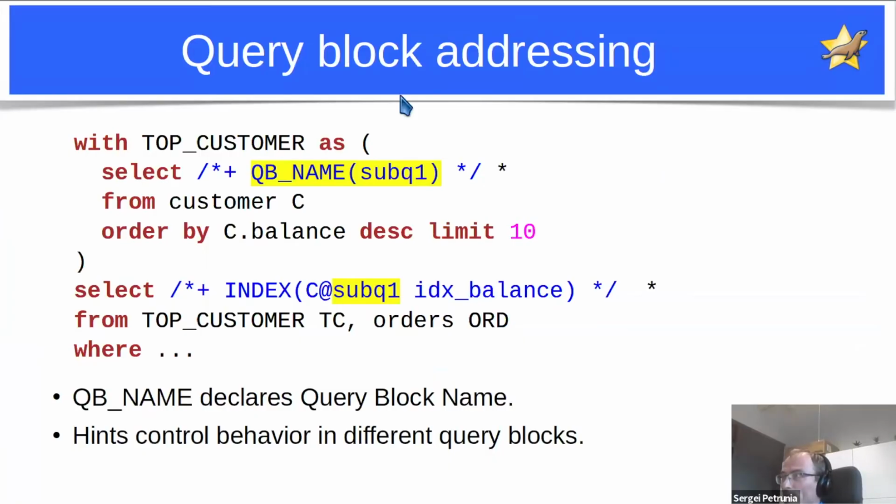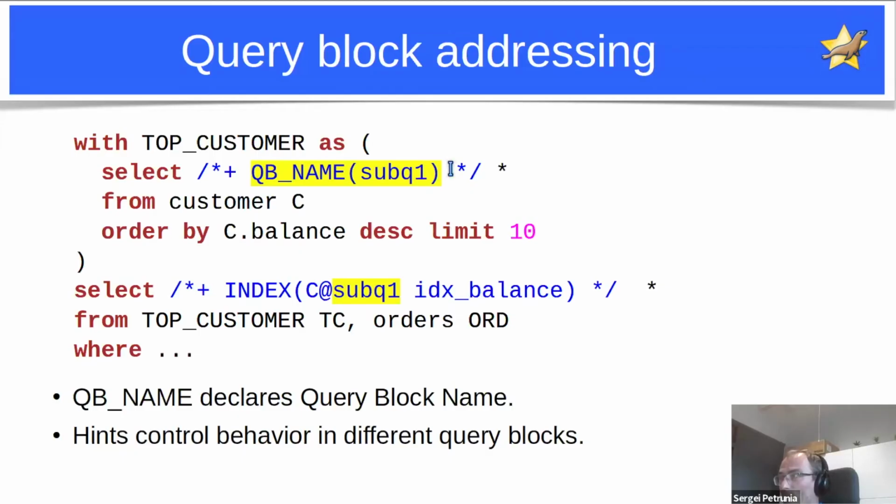MySQL, well, I'm not sure if it's correct to say copied it, but also does it in a slightly different way. The idea is that you can define a query block name here in a subquery, for example, subq1, and then you can refer to it from another select. Here you refer from the top level select, but you can refer from pretty much anywhere. So this way hints can control behavior in different query blocks.